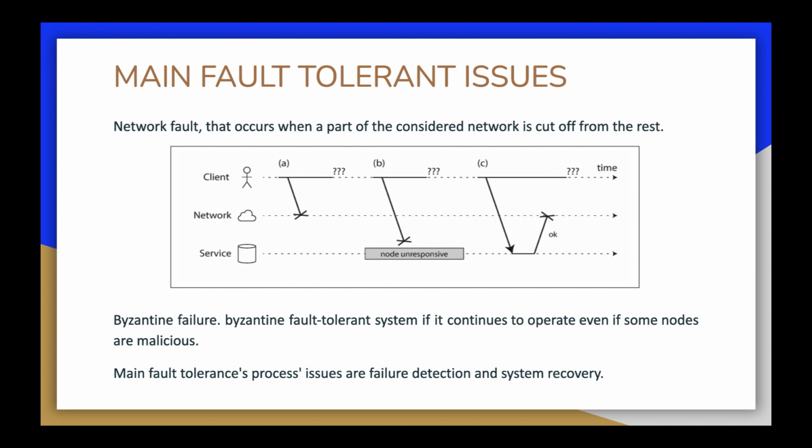The two main processes in fault tolerance are failure detection, which means methods for detecting when a failure happens, and system recovery. The most important and most used method for detection is a timeout-based approach.